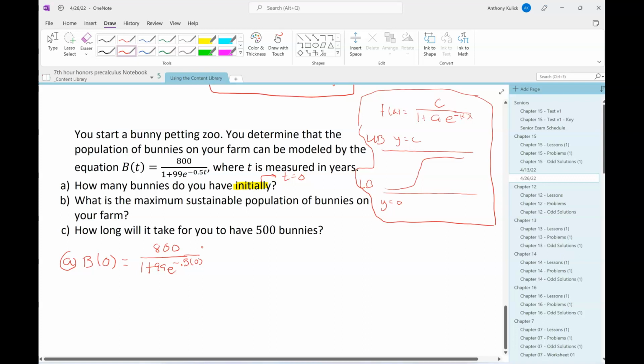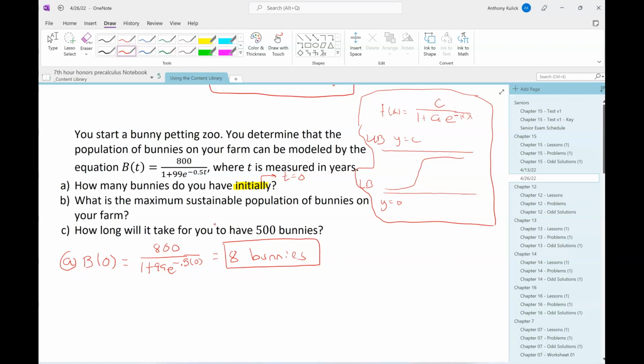So negative 0.5 times 0 is 0. E to the 0 is 1. 99 times 1 is 99. 1 plus 99 is 100. 800 over 100 is 8 bunnies. Or you could type that into your calculator if you wanted to. I preferred the mental math because it worked easy this time. Cool with that?